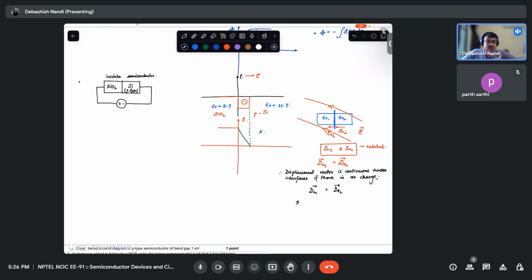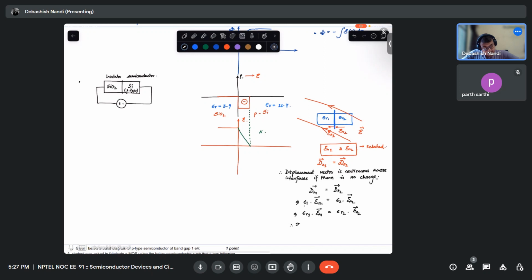What is your Dn1? Dn1 is epsilon 1 times En1, and it will be epsilon 2 times En2. If we remove the epsilon zeros, it will simply be epsilon r1 times En1 equals epsilon r2 times En2, okay?